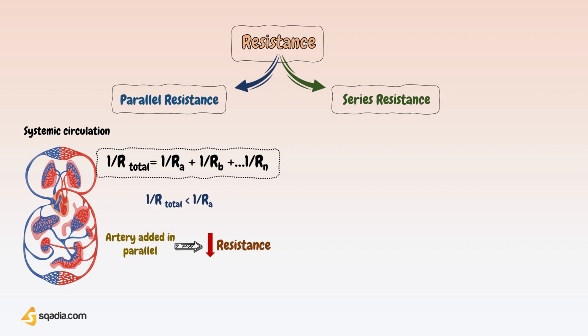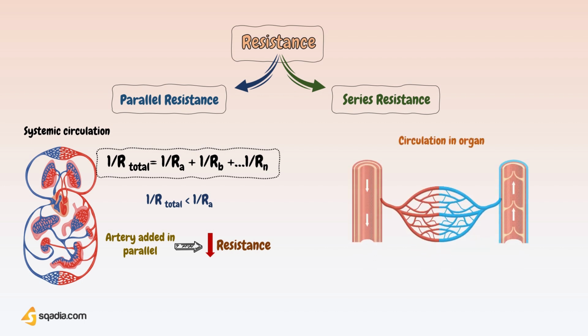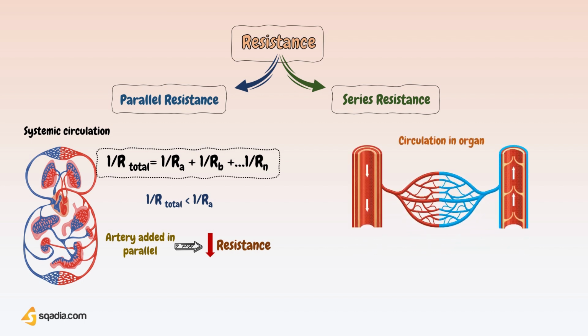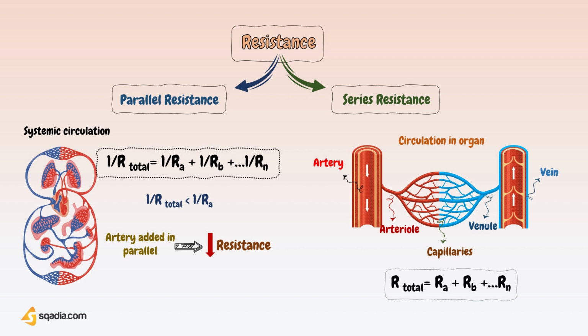But series resistance is illustrated by the arrangement of blood vessels within a given organ, and we know that each organ is supplied by a large artery, then smaller arteries, then arterioles, then capillaries, and then veins, arranged in series. So, the total resistance offered to the blood flow to that particular organ is the sum of the individual resistances, as expressed by this equation.